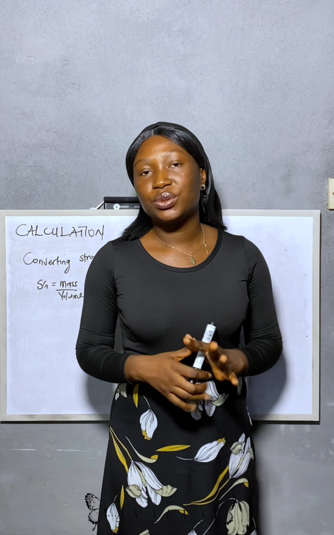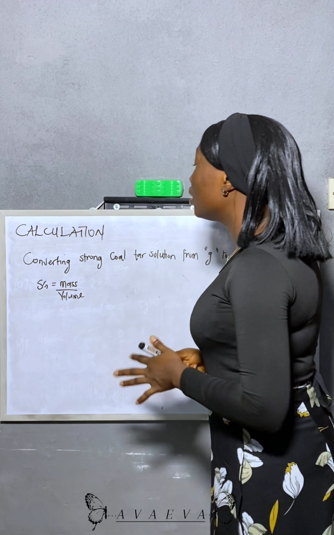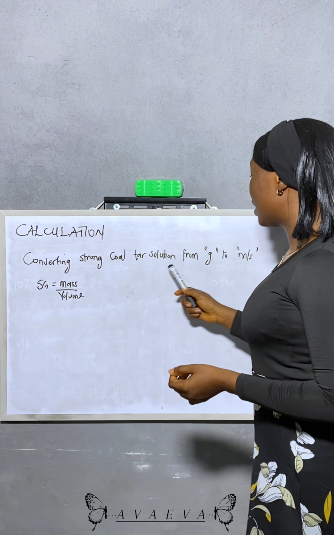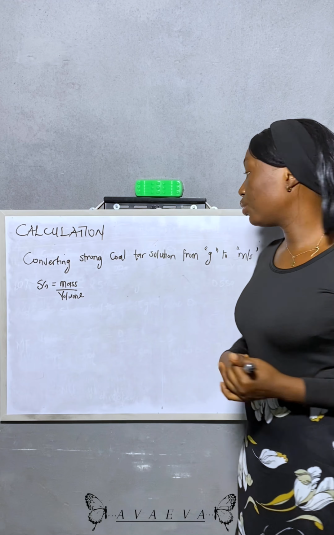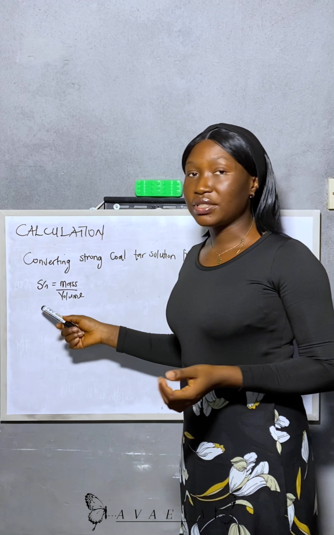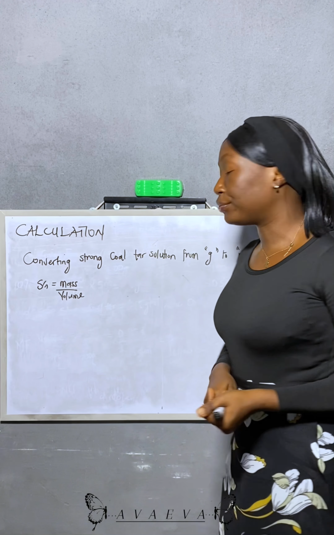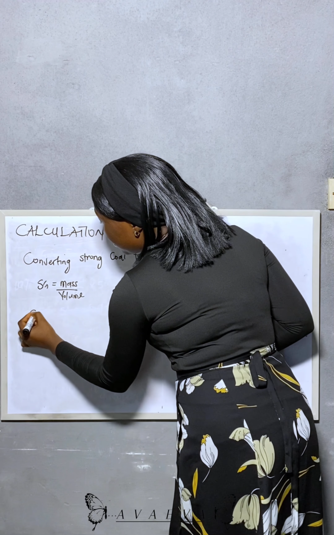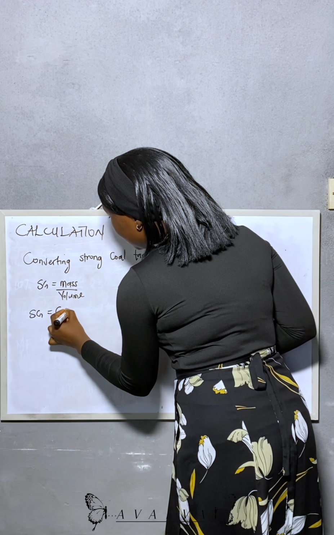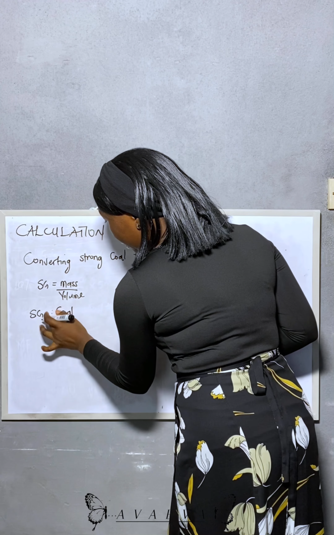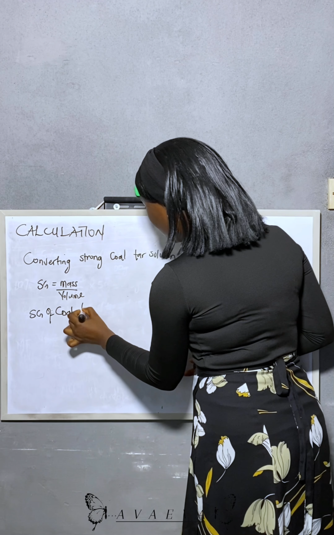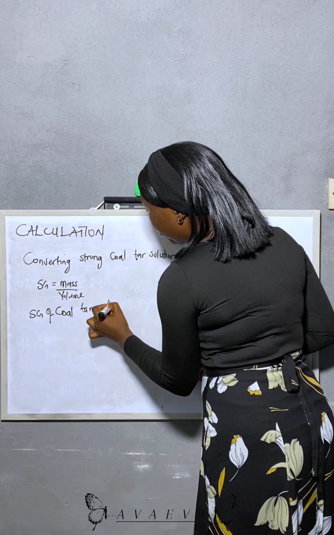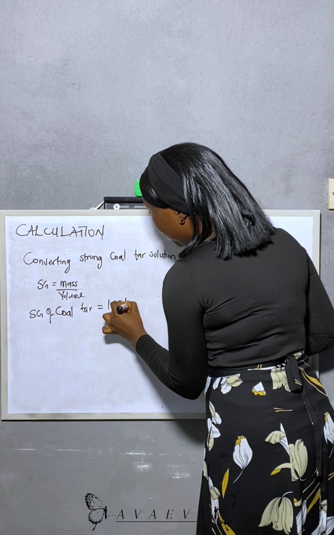Still on our calculations is the conversion. So converting strong coal tar solution from grams to mil, we have specific gravity is equal to mass divided by volume. And the specific gravity of our coal tar is equal to 1.15 gram per mil.